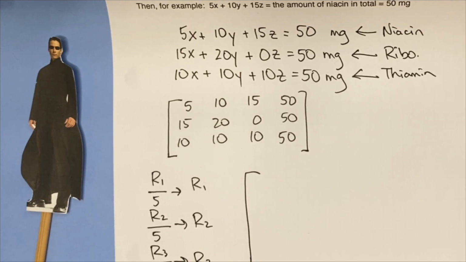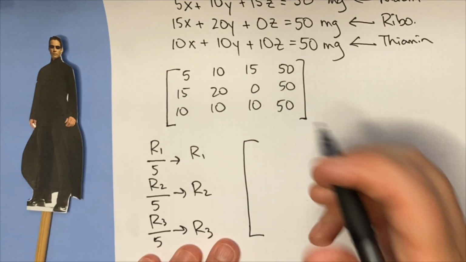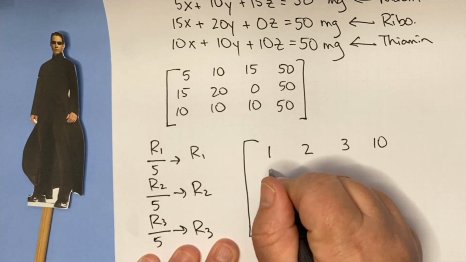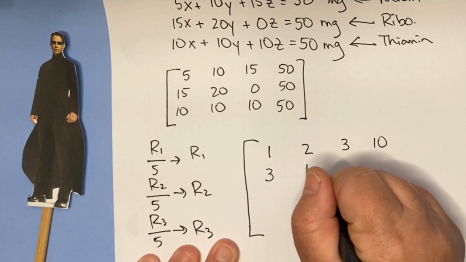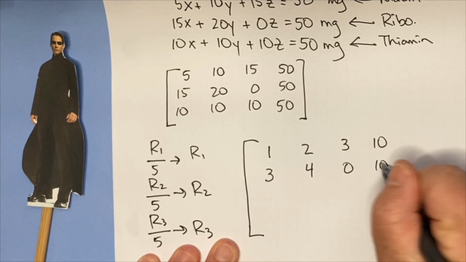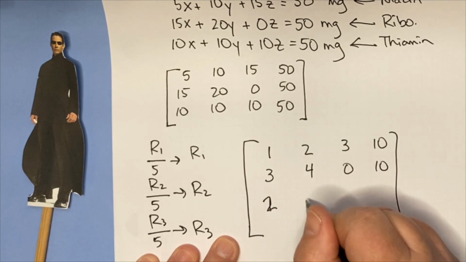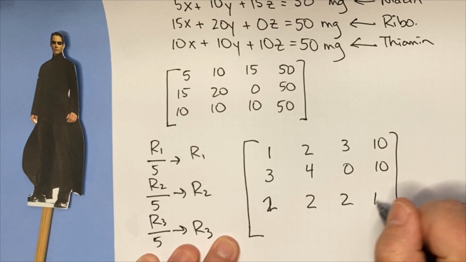So my new matrix, sorry you can't see that, is 1, 2, 3, 10. 3, 4, 0, 10. 2, 2, 2, 10.